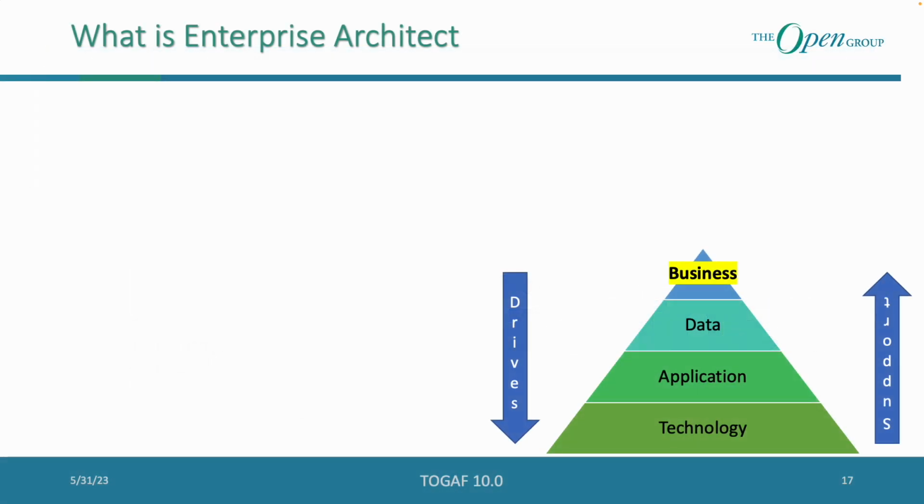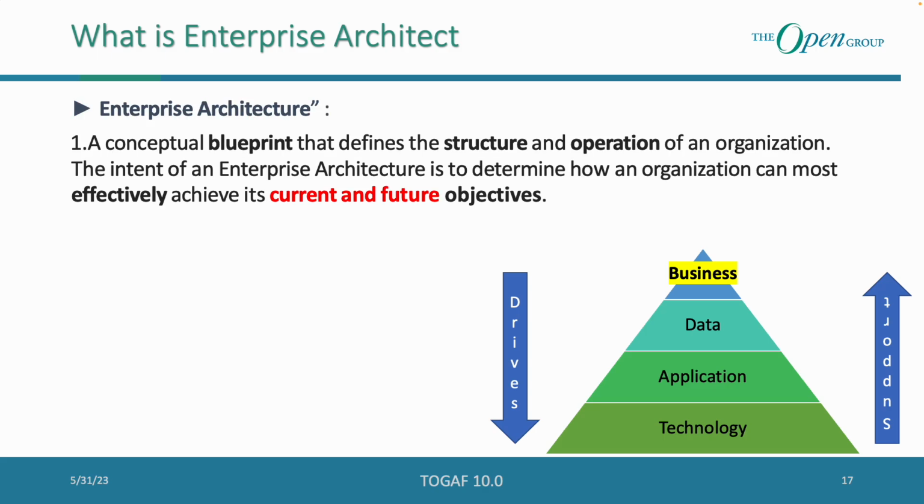Let's explore the concept of enterprise architecture and its significance in shaping the structure and operation of the organization. Enterprise architecture can be defined as a conceptual blueprint that outlines the structure and operation of an organization. Its primary objective is to determine how an organization can most effectively achieve its current and future objectives.